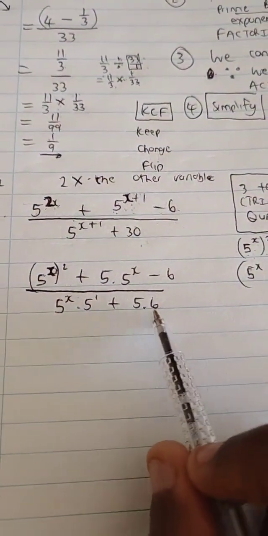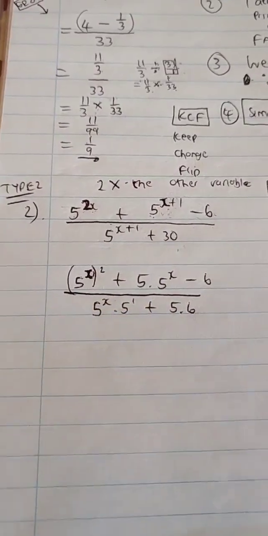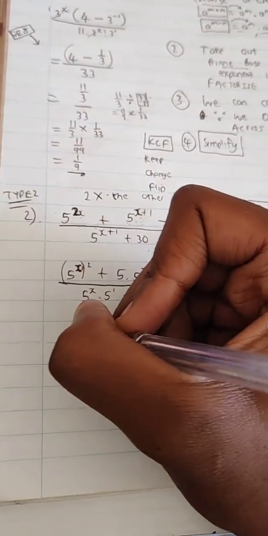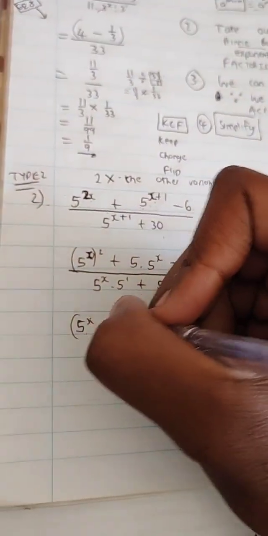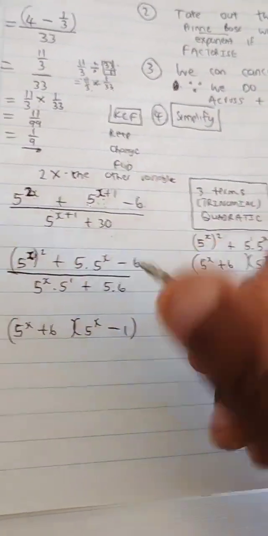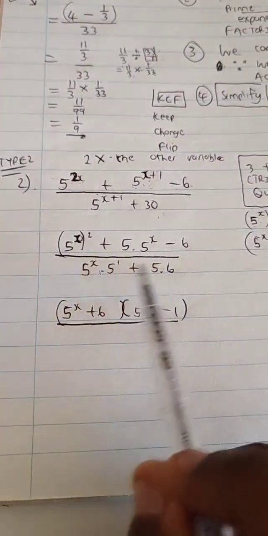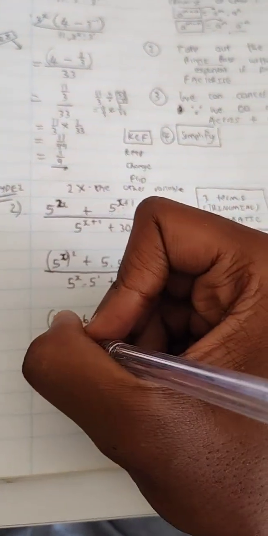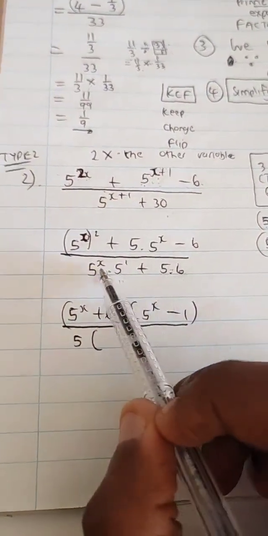Now I deliberately say 5 times 6 because I'm going to have in the numerator a common factor. So obviously factorizing this at the top leads me to 5 to the power x plus 6 minus 1, all over, now in the denominator, there is a common factor that I can see as well, which is 5. I take out the 5.